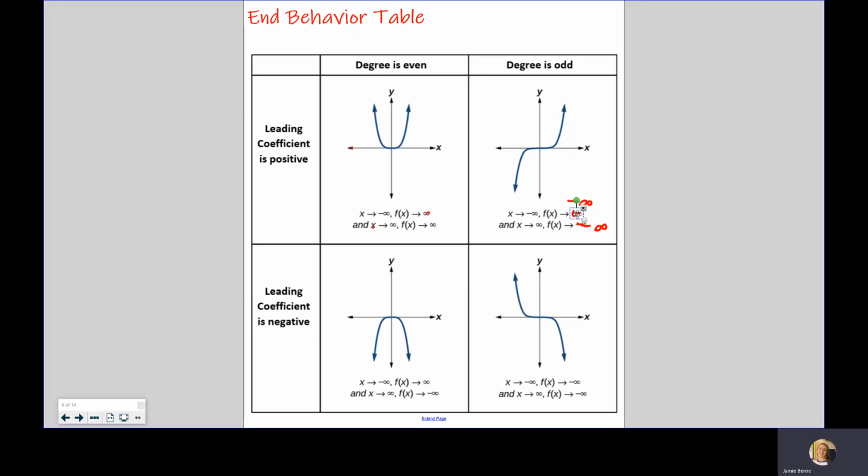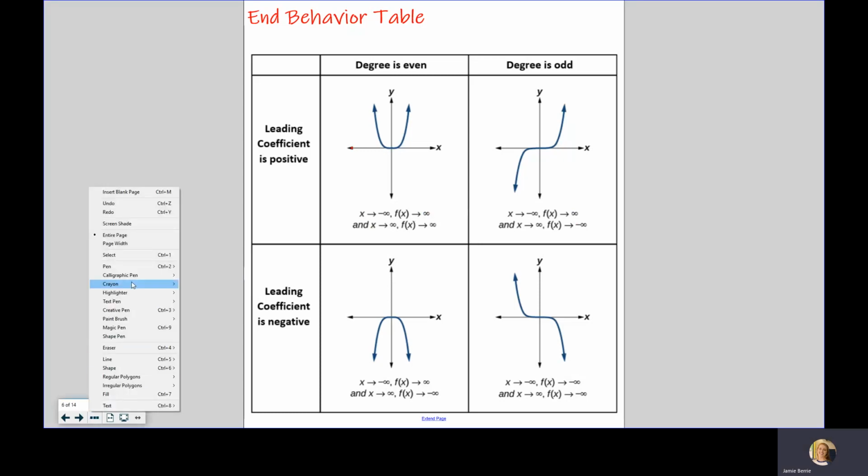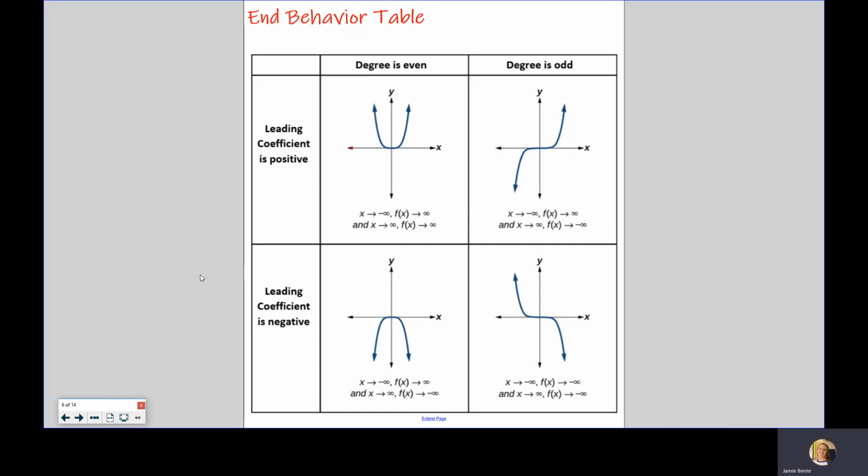Let me fix this first. Goodness gracious. I'm going to try to make this look nice. Let me fix the infinities. So this one.